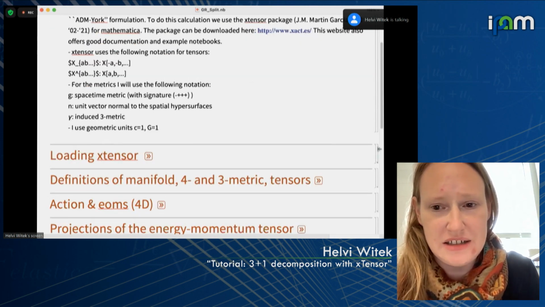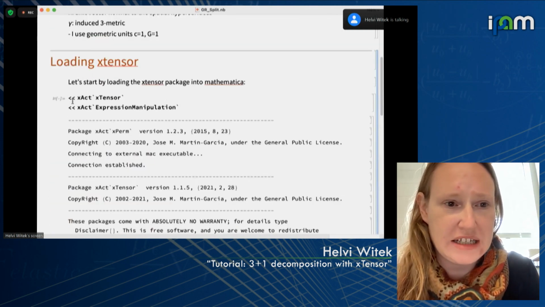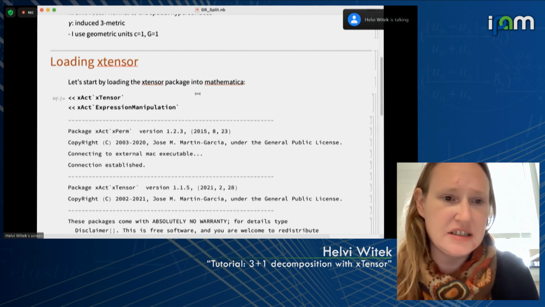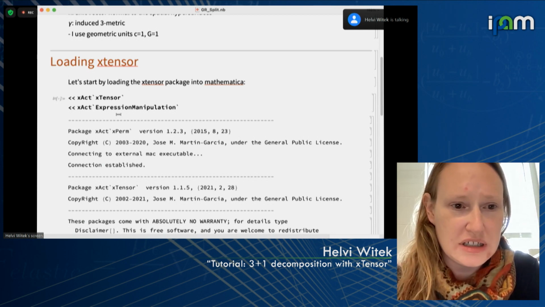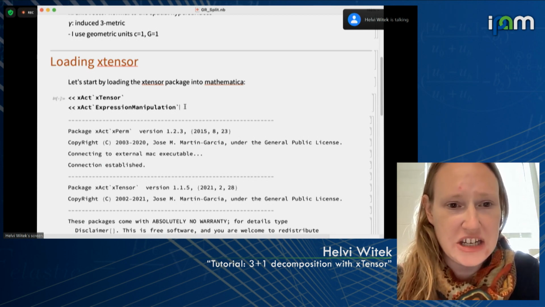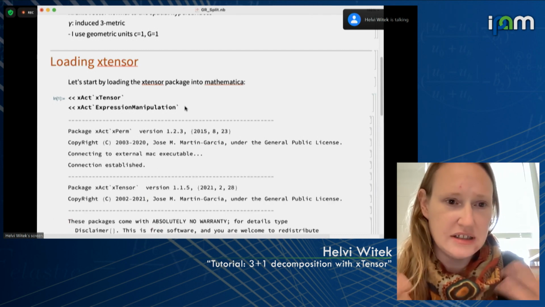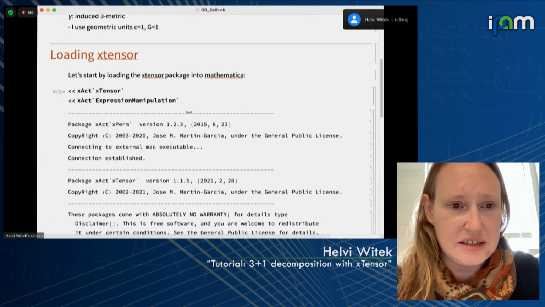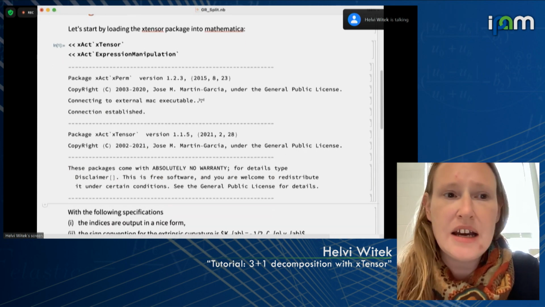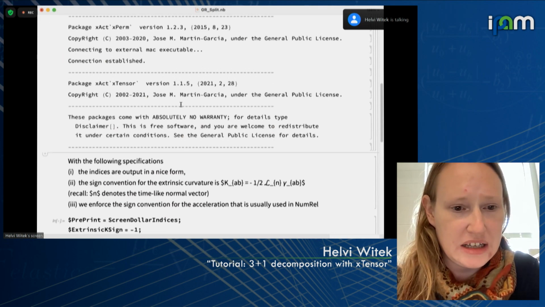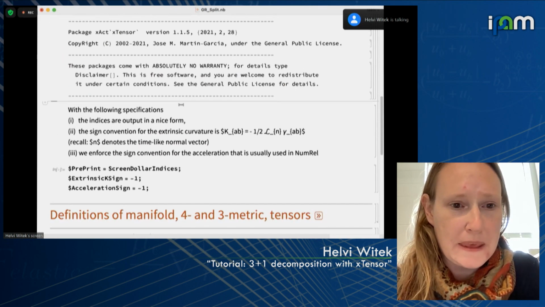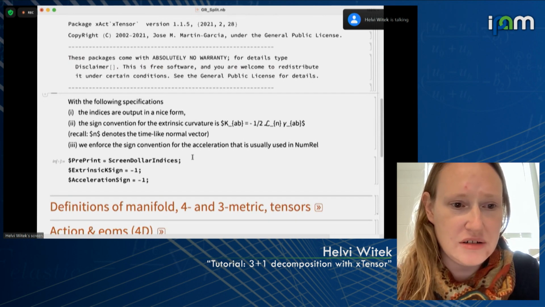Okay, so let's get started. To load xTensor, you will just follow this first command here. We also load this package, expression manipulation, which will help us to simplify some of our expressions. I'm also specifying the following notation. One is about the output for indices.